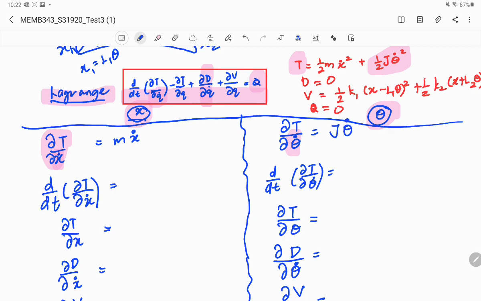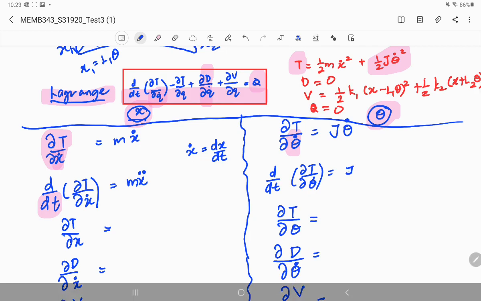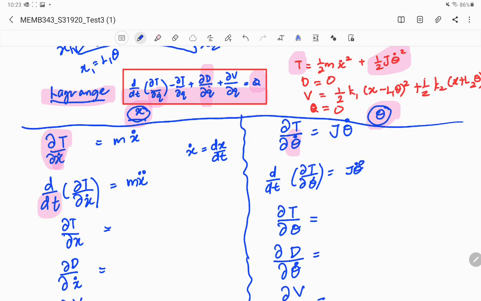Then you have to differentiate it with respect to time. That means instead of just one dot, you have another dot. So it's easy peasy. The second part is you just add another dot, because x dot means dx/dt. So when you differentiate with respect to t, you just put another dot. So same as this one, you would have J theta double dot.